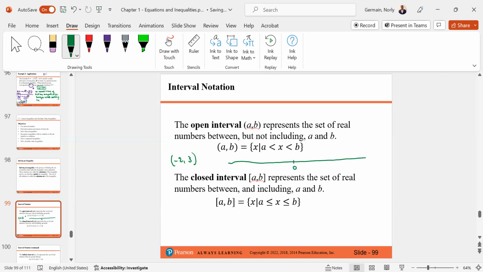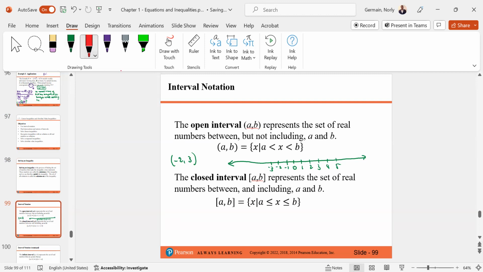You have 0, below 0 you have -1, -2, -3, etc. So it's going to go indefinitely. On the right of 0, you have +1, +2, +3, +4, and it goes indefinitely.